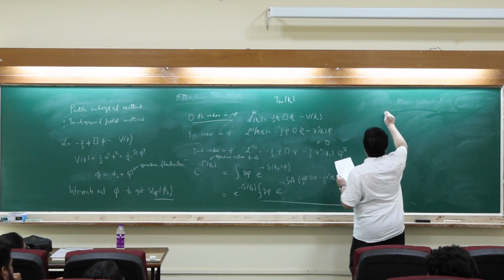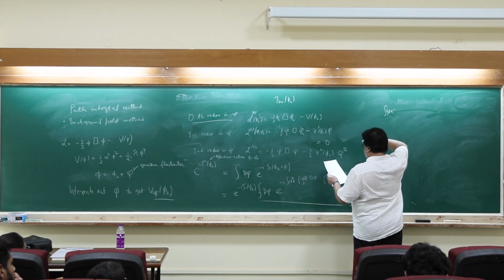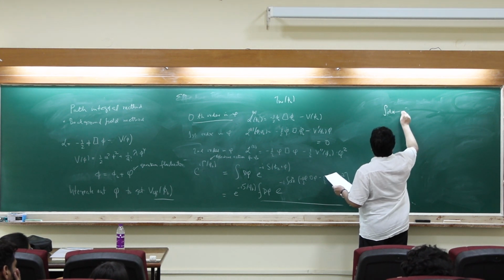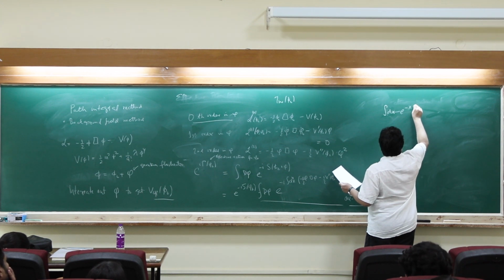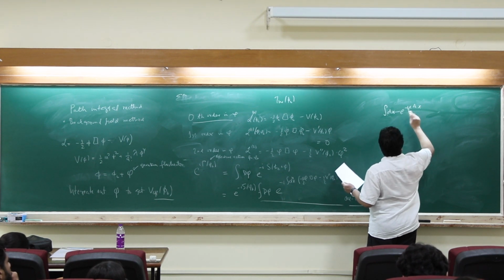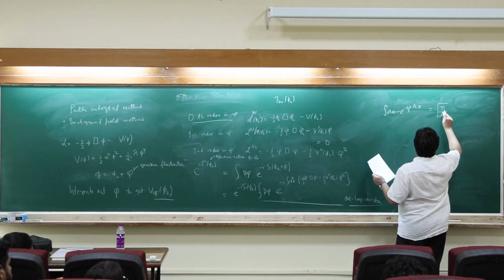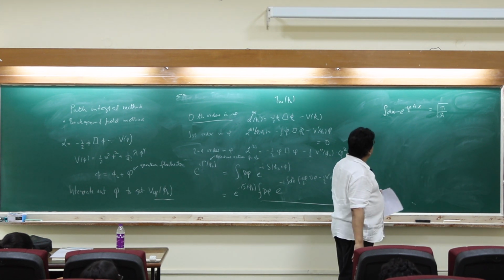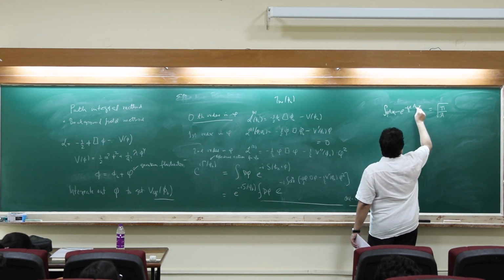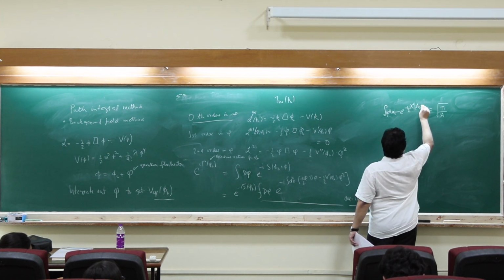The expression that I know is the integral of dx e to the minus half x a x, which is root pi upon a, and if you make this a matrix A_ij, so I'll write this clearly, x_i A_ij x_j.